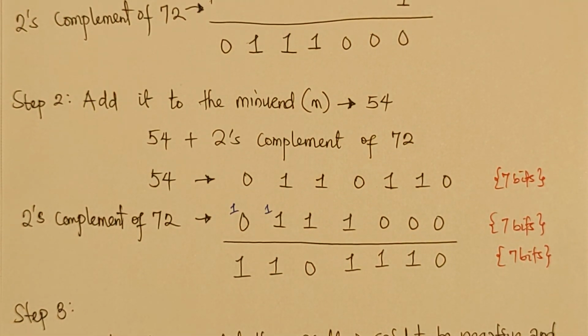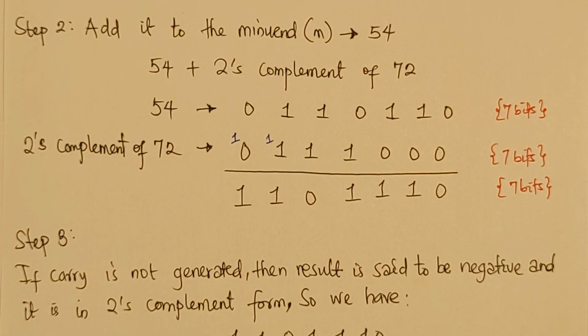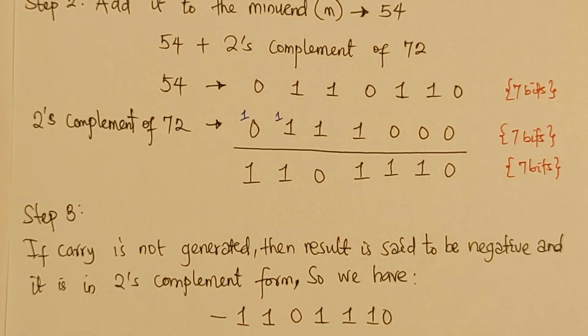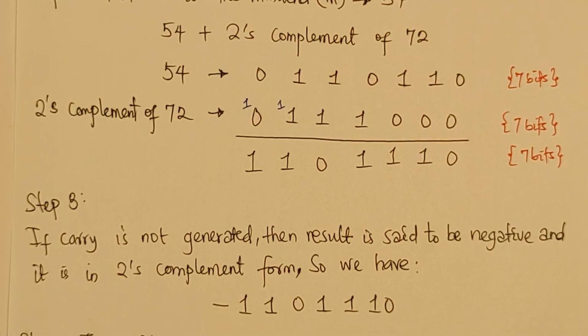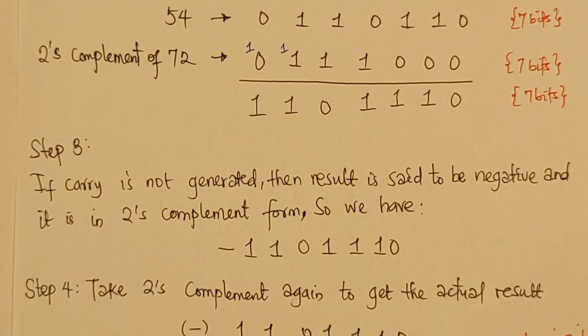So since carry is not generated, which we are now on the third step, step 3, the result is said to be negative and in its second complement form. So we have minus 1, 1, 0, 1, 1, 1, 0. Now we move to step 2, where we are to take the second complement again for us to get the actual result. Now for us to do that, we are going to first of all check the first complement and then the second complement, just like we did previously.